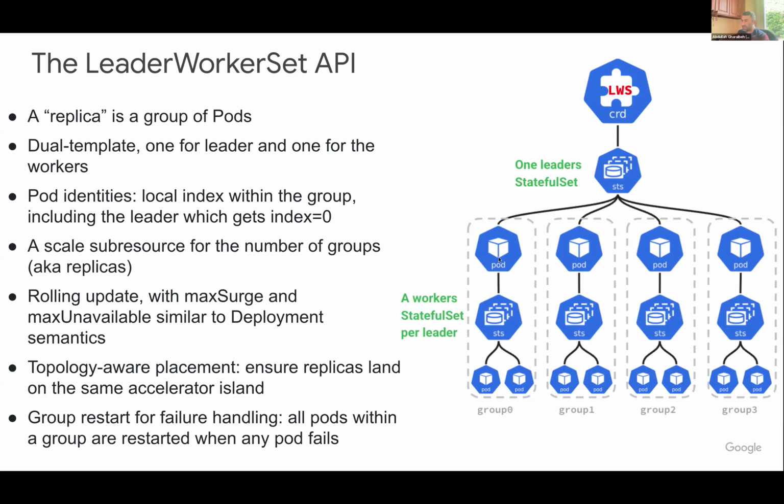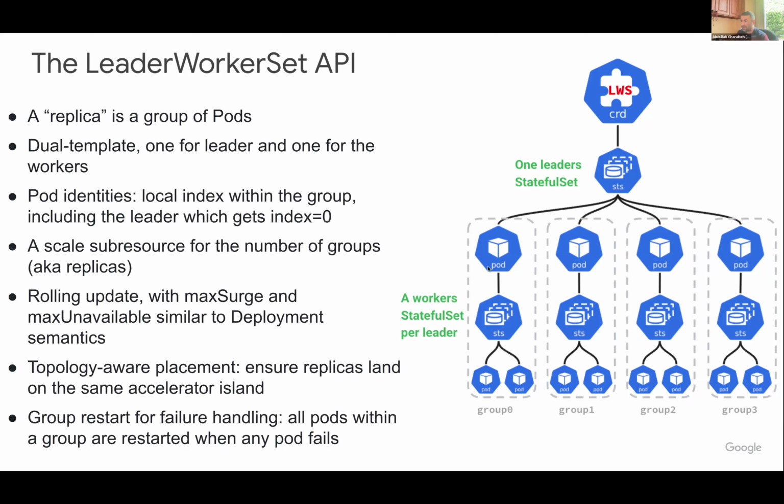The other thing here is that you have these groups, but within each group, in order to do distributed computing, whether you're doing it using MPI or Ray or any collective communication framework, it will require some sort of pod identity so that you're able to implement this sharding. With distributed PyTorch, you have to set the rank, the world size, and so on and so forth.